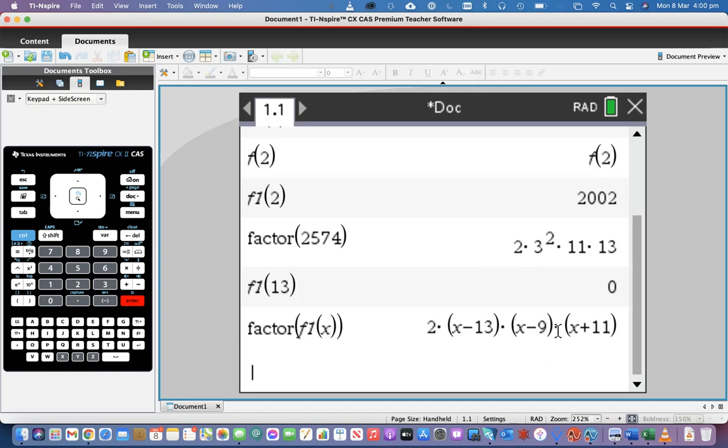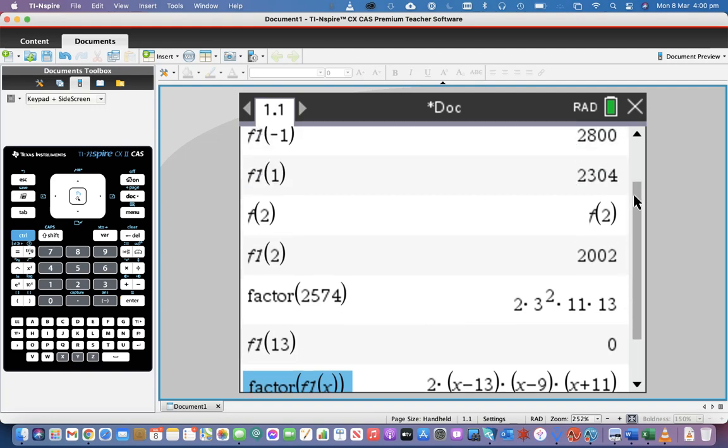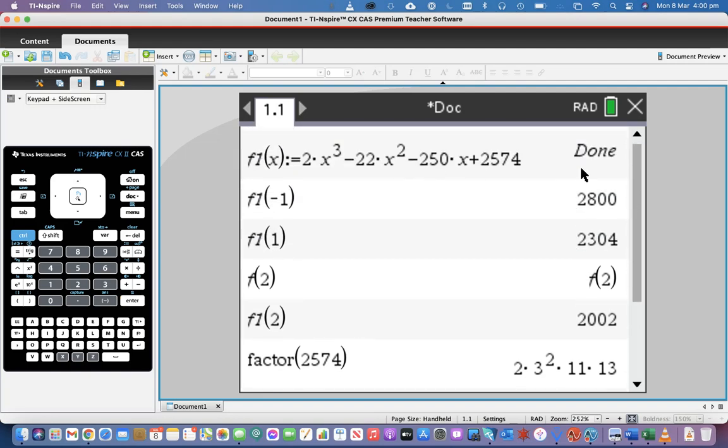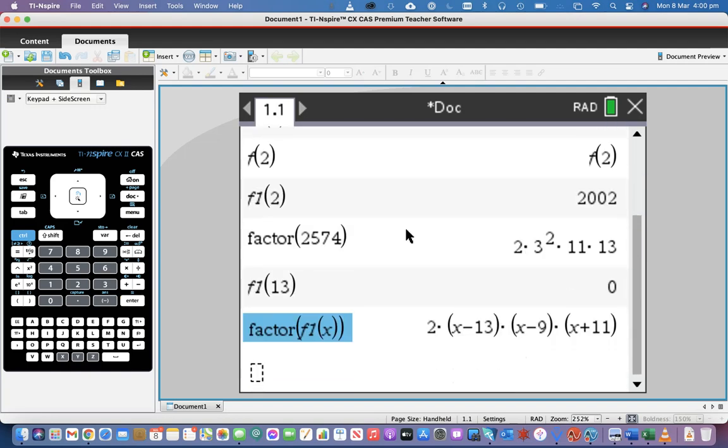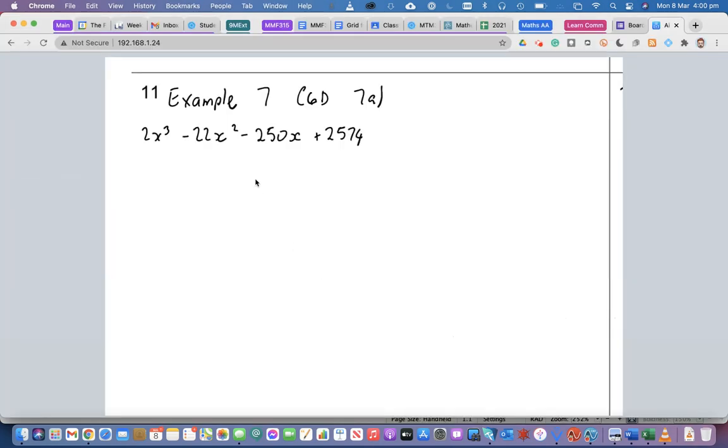But there you go. So there's the factors of f1 of x, and f1 of x being that whole expression there. Probably, if I was thinking a bit more clearly, I would have taken out the common factor of 2 first, and then defined f1 of x as x cubed minus 11x squared minus 125x plus, sorry, whatever half of that is.